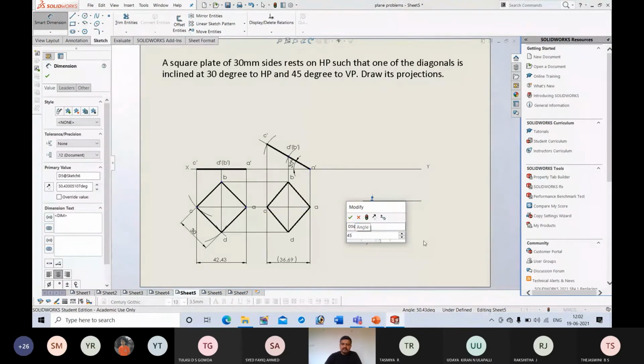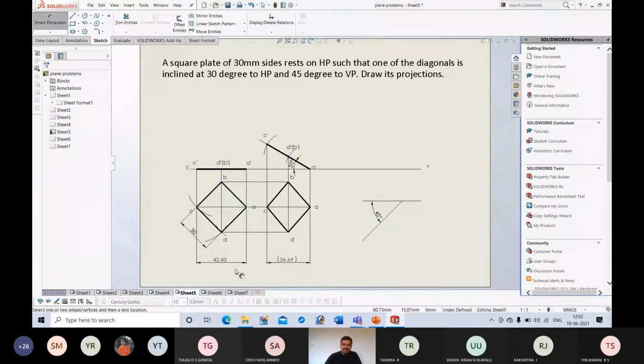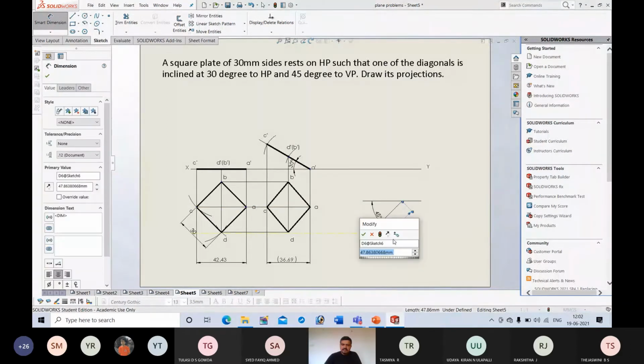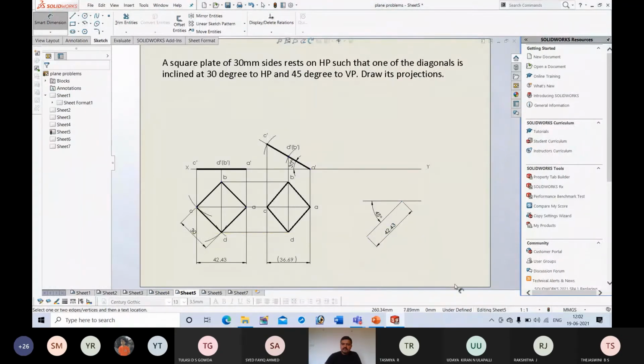Draw a line inclined at 45 degree and having length, true length of the diagonal. That means take radial distance between A and C, A to C, this distance using compass. Okay, then draw this to that length, that is 42.43. Okay, next. So after drawing this, so this is a fixed point A. Okay, I will consider this as A. Next, so I will draw the locus of this point.